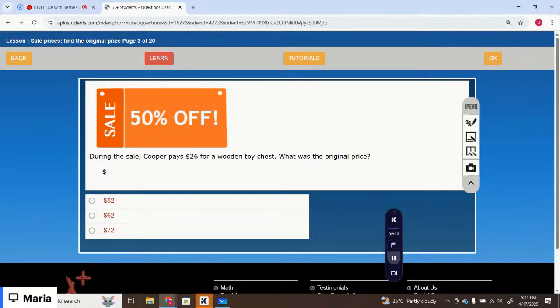So the full price will be 52. 52 is the correct option. Option number one is the correct option.